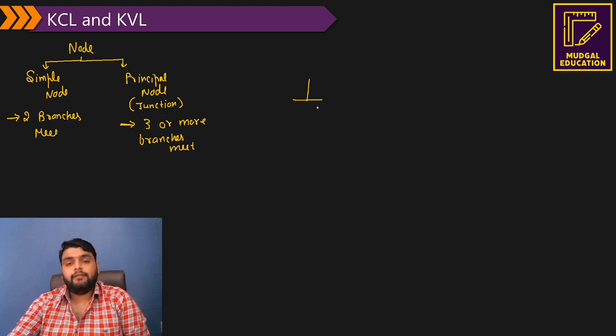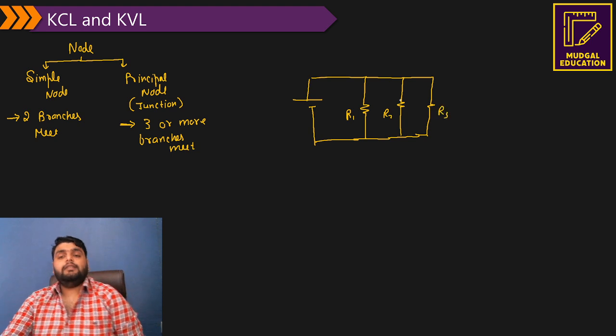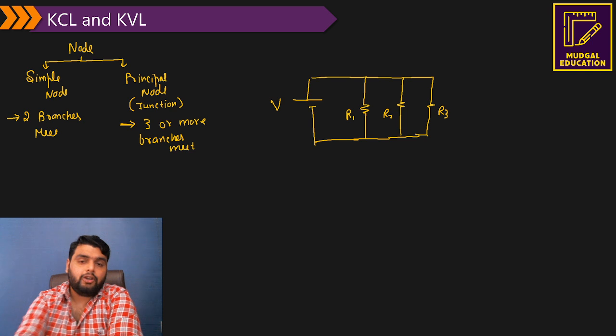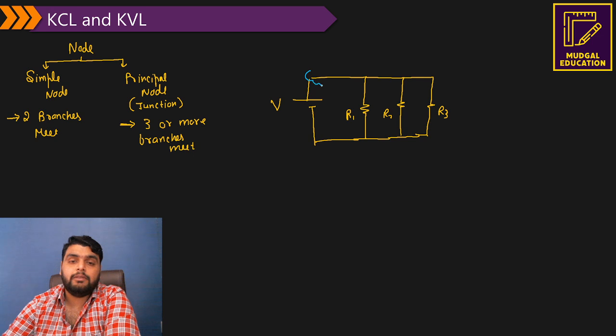Basically, if I draw the diagram again and ask you how many nodes are present here, with R1, R2, R3 and a voltage V, we can observe clearly that these four branches are connected together.